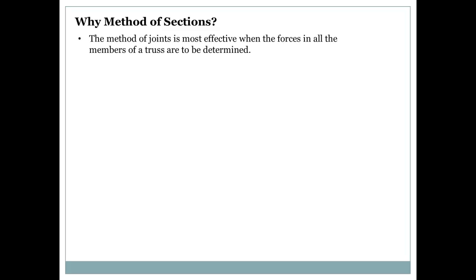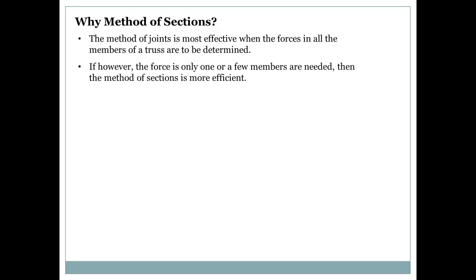We know from your statics or structure analysis class that the two major methods we usually use in analyzing trusses are the method of joints and the method of sections. The method of joints is most effective when the forces in all the members of a truss are to be determined.